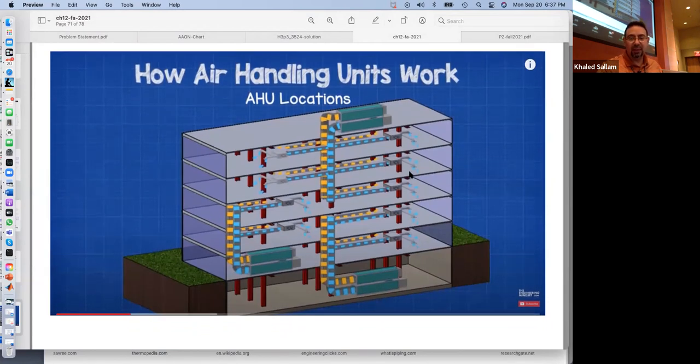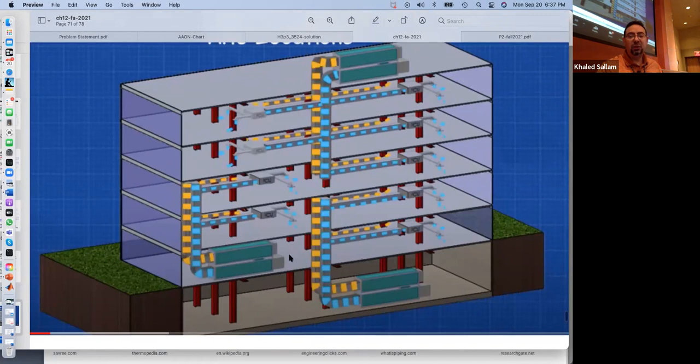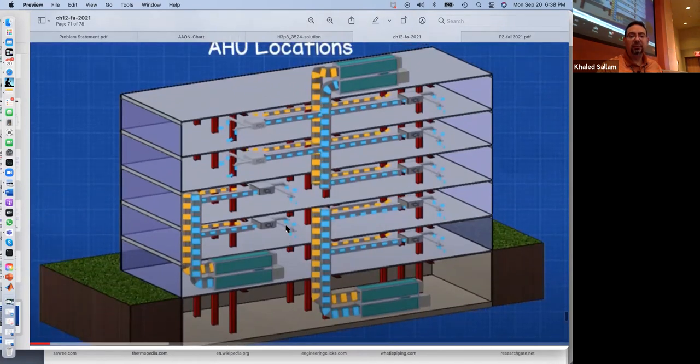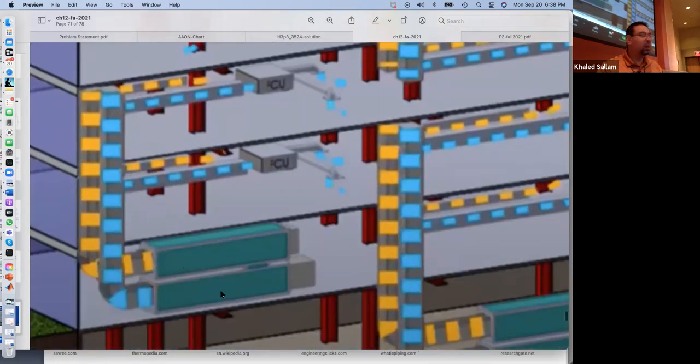You see in that building, which has multiple stories, in each one of those spaces there is a place where you can send the cold air and receive the hot air. Those are brought into an air handling unit where you get the hot and humid air. Okay? And you have to return it as cold air again.